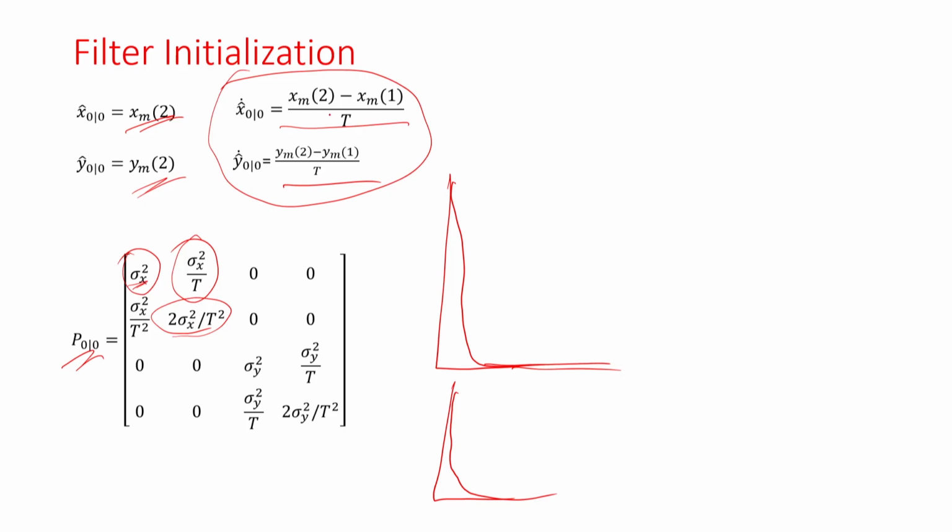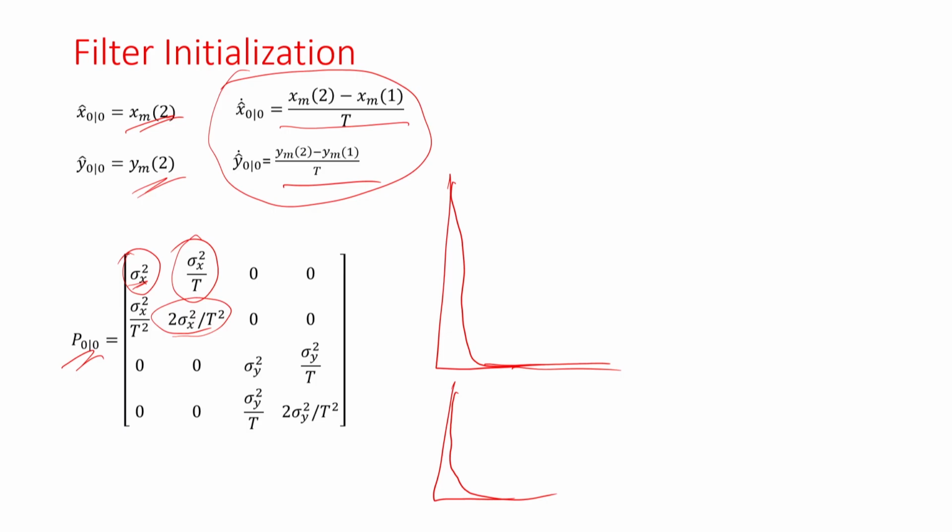Because you have seen here I have divided by delta t. Now, delta t is normally very small in an actual practical system. It could be 10 milliseconds, it could be 20 milliseconds. So you can assume 1 by t is in milliseconds. That is why your initial velocity error will be very large. So your velocity error variance will have a sharp decay, which is okay, not a problem.